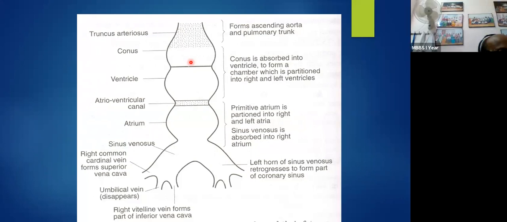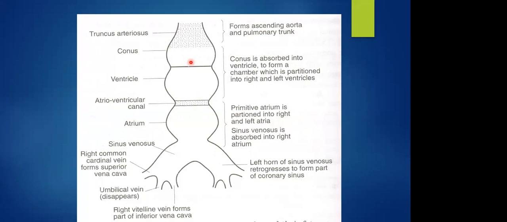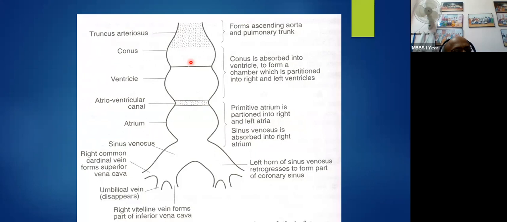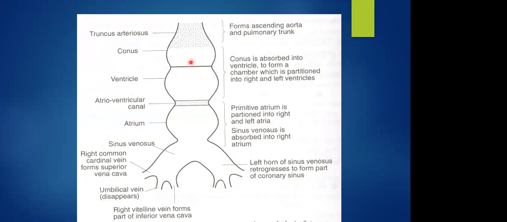Ajit Krishnan? Yes, sir. Ajit Krishnan? Yes, sir. Number 5. Ajit is there or not? Yes, sir. Number 5, isn't it?